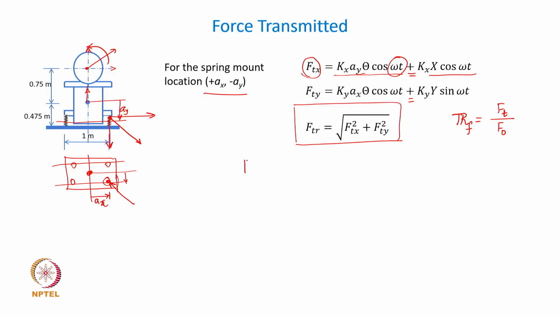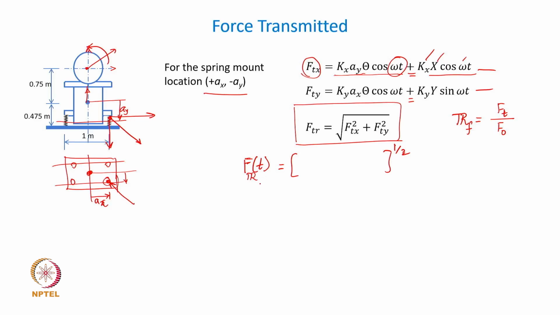So, you will have to get an FTR expression which will be the square root of these two expressions being used and appropriate values of kx, x and omega being substituted there, right.